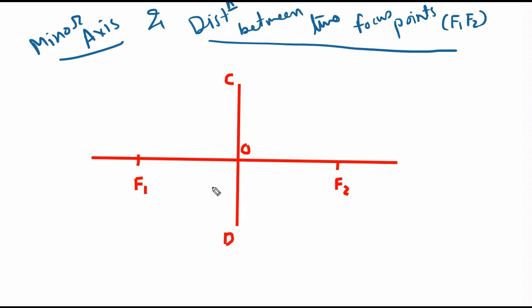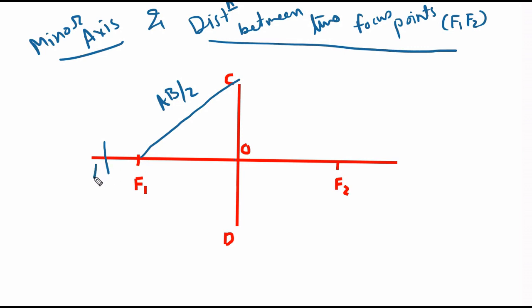Now we know that CF1 is nothing but AB by 2. Here we have to find out AB. So we know that CF1 equal to AB by 2. So with O as a center, draw an arc of radius CF1.